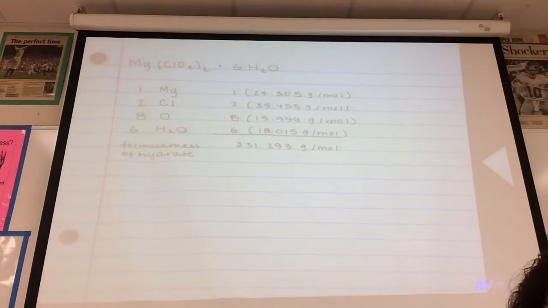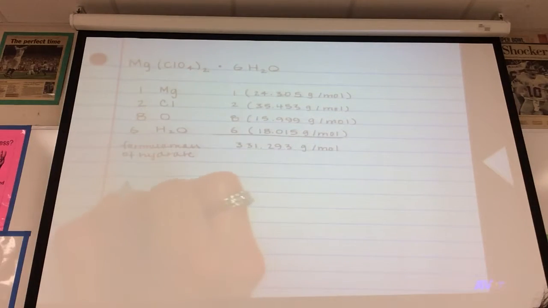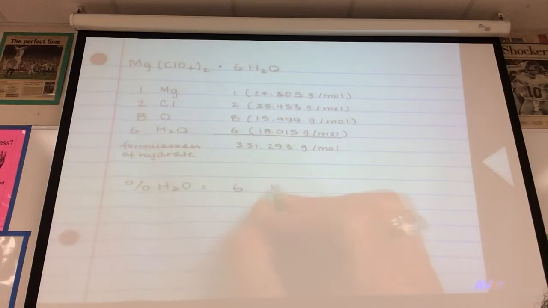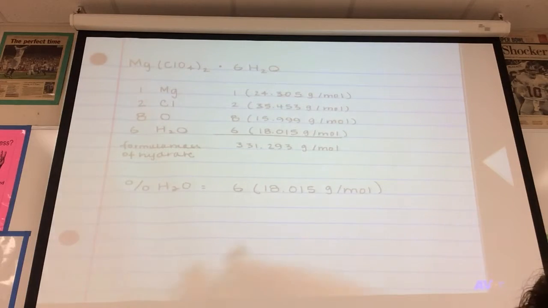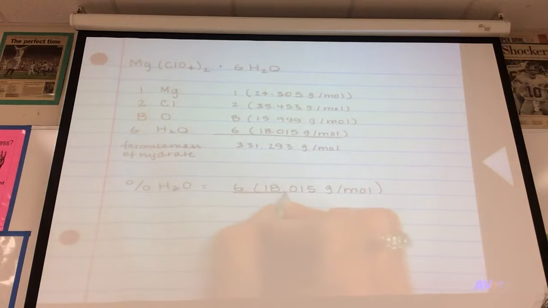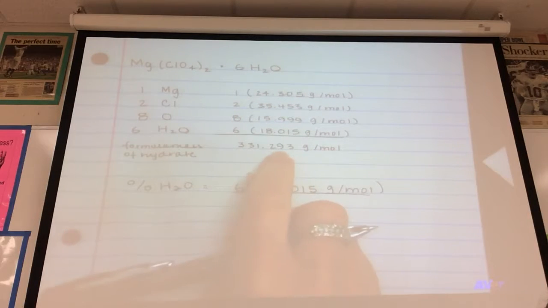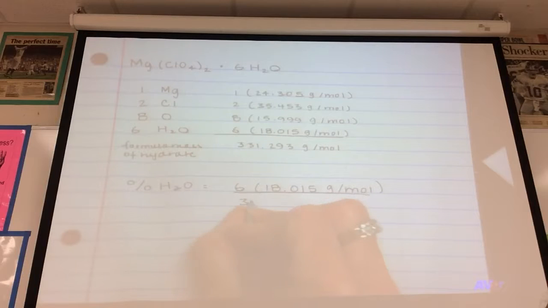To determine the percent of water then, you will take the 6 waters times the molecular mass of the water, and you will divide by the formula mass of the hydrate.